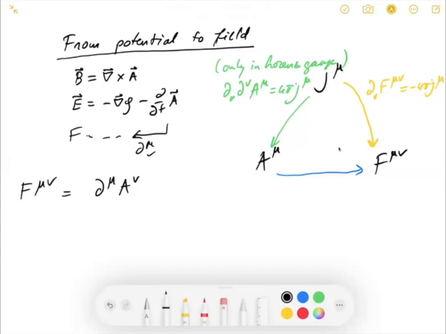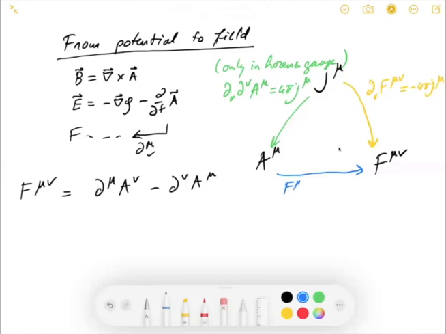That would be a decent guess, but it's not complete yet. This is the point where you just have to take my word for it. So actually, it is del nu A mu. It's this anti-symmetric combination of the gradient of the 4-potential that gives you the field tensor.